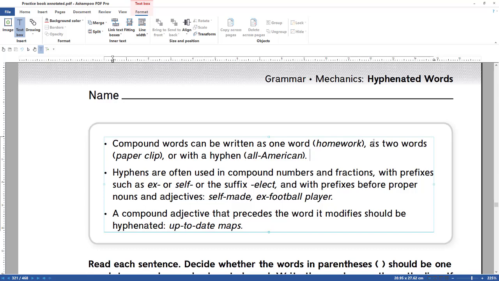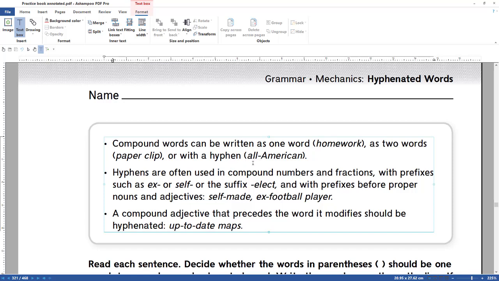Okay, but sometimes we can also write them as two separate words, as you can see here. Paper clip. Paper is a word and clip is another one, so we write them separately with a space between them, paper clip. Or also we can add a hyphen between them, which is this simple dash here.